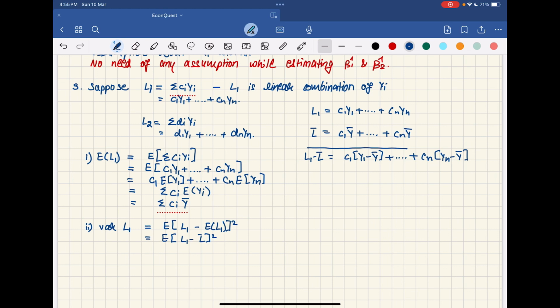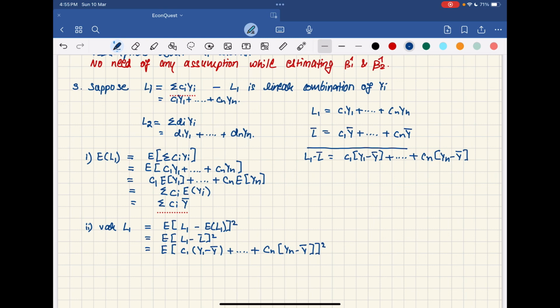Okay, so let's substitute this value here. Expectation of c1 y1 minus y bar till cn yn minus y bar, whole square.